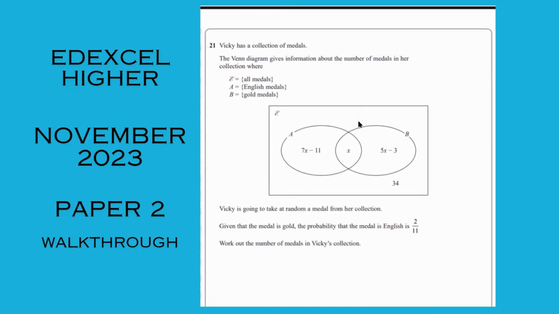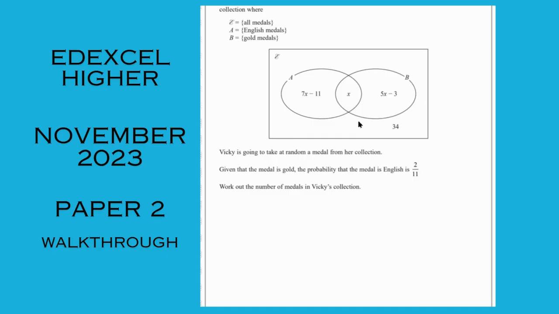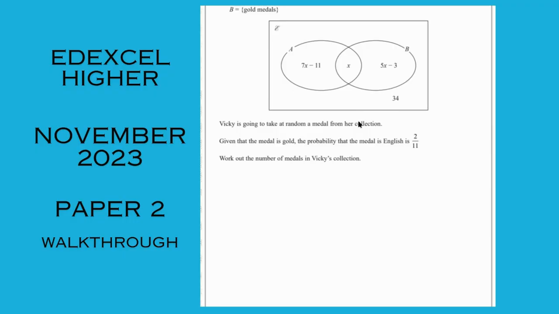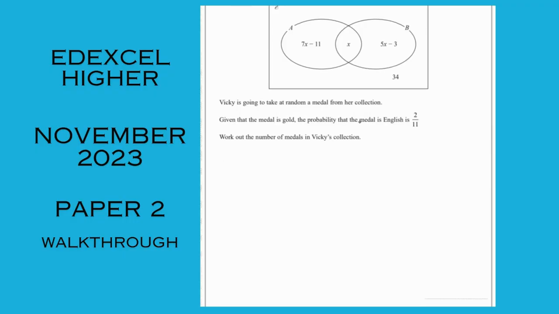And finally, number 21. An over-the-top, confusing looking Venn diagram, Vicky and her medals. So, English medals is the A circle. Gold medals is there. So, I'm going to pick at random now.